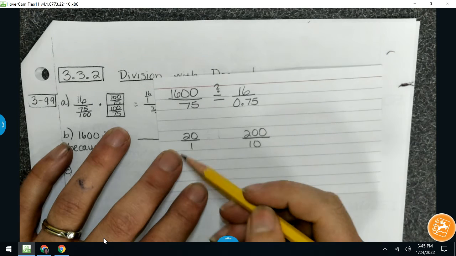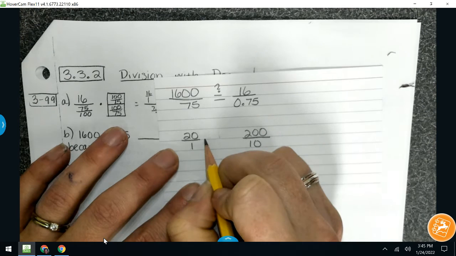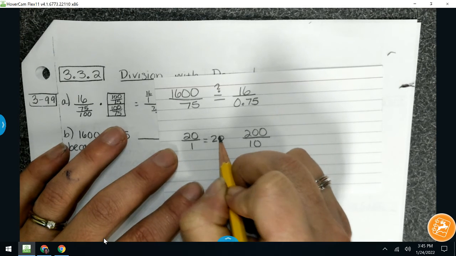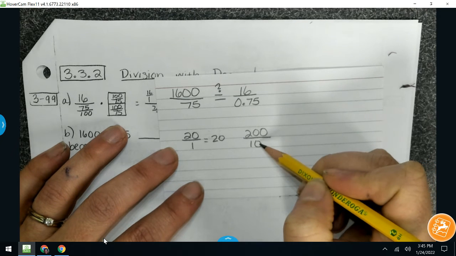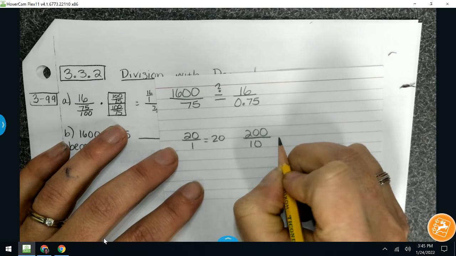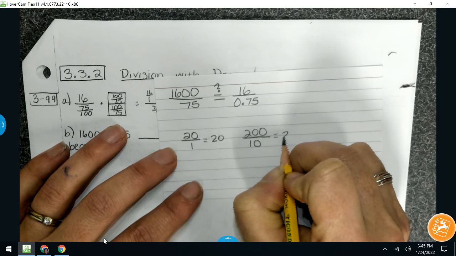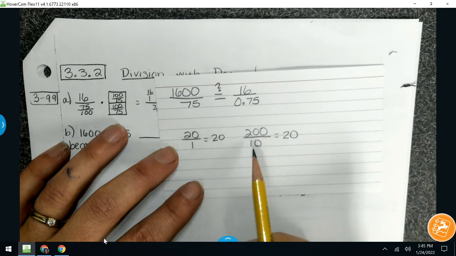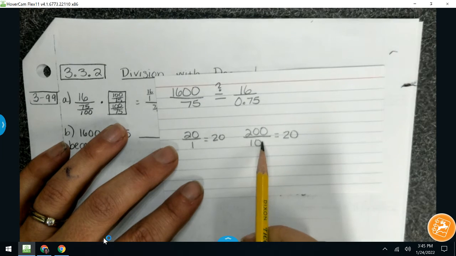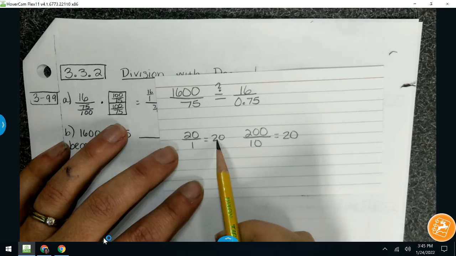So 20 divided by 1 equals 20, and 200 divided by 10 also equals 20. So while these two look different, they end up with the same value.